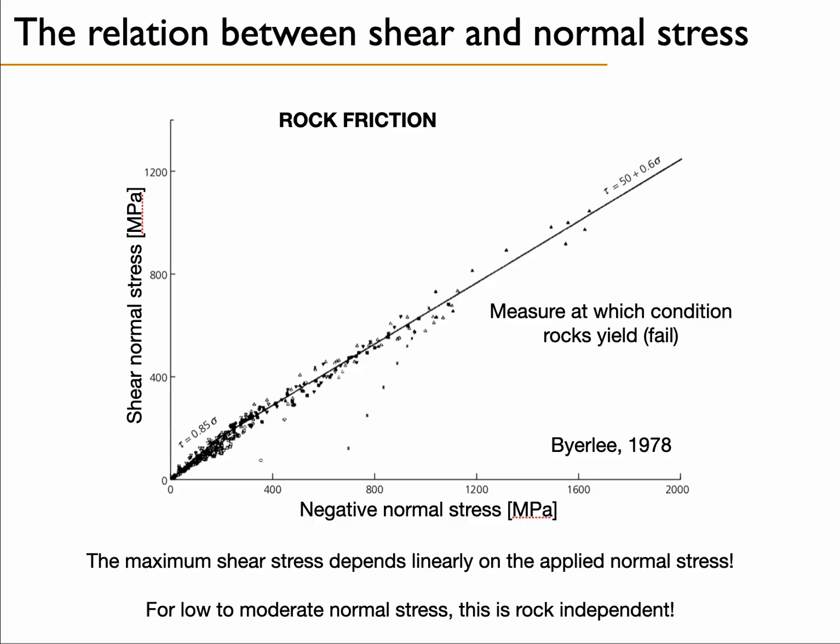So if the normal stress is increasing, then we obtain this relationship of Byerlee, which I presented before. So you have all these points predicting one failure point. We can do a regression and we get the value of the shear stress versus the normal stress. It's a linear relation, so that's good. And it is mostly rock independent. There are granites, marbles, and so on. Different types of rocks, they go along the same line.